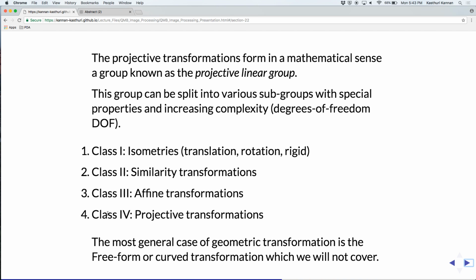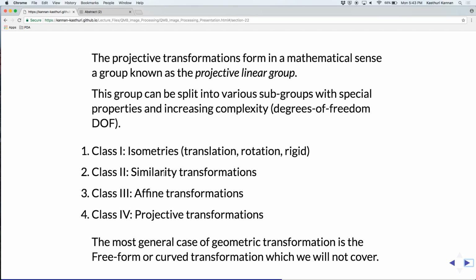This is a classic: 17th, 18th century ideas on projective geometries are now finding real applications. It's called a projective linear group, and these projections have been studied forever. A group can be split into various subgroups with special properties of increasing complexity. The first is called isometry. Isometries are distance preserving; they don't change the distance.